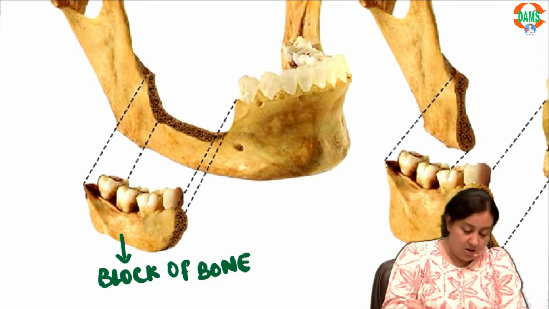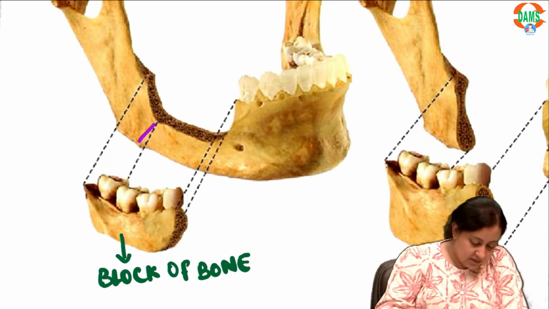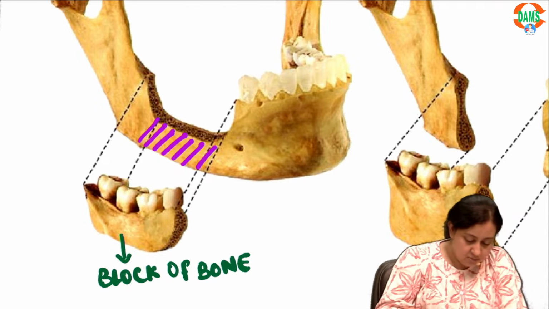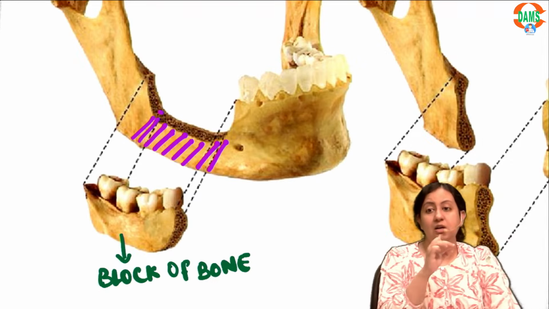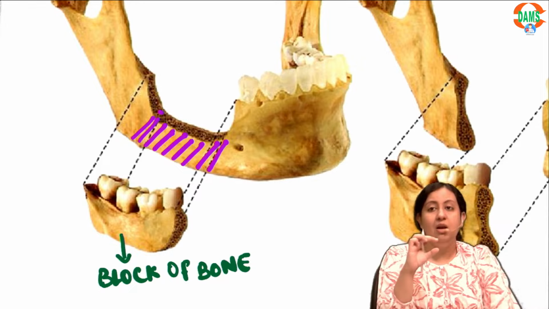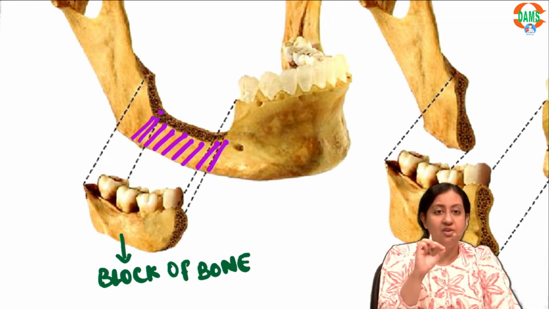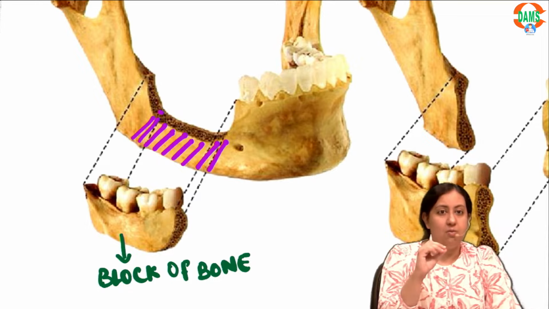Okay, if you see this height at the lower border, you can easily make out that it is more than 1.5. All right, so this will retain the strength of the mandible. This will not let it fracture. So you are supposed to have a minimum of 1 centimeter at the lower border.